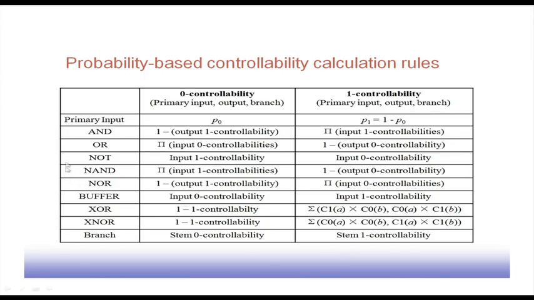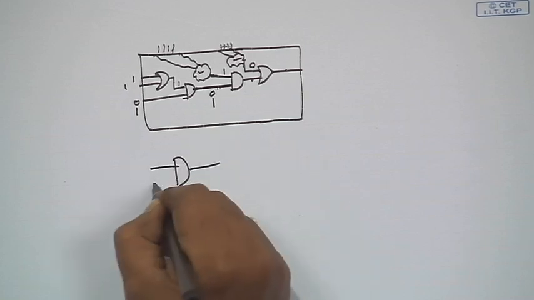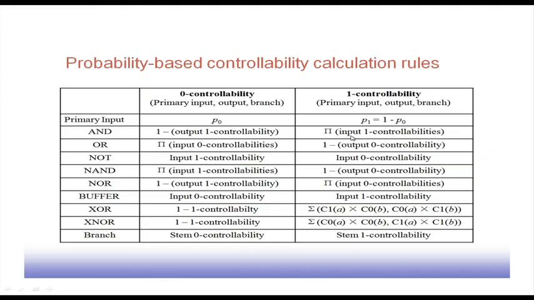Now, for the AND operation, the 0 controllability is 1 minus the output 1 controllability. Let us first see the 1 controllability. How can I make a 1 here?